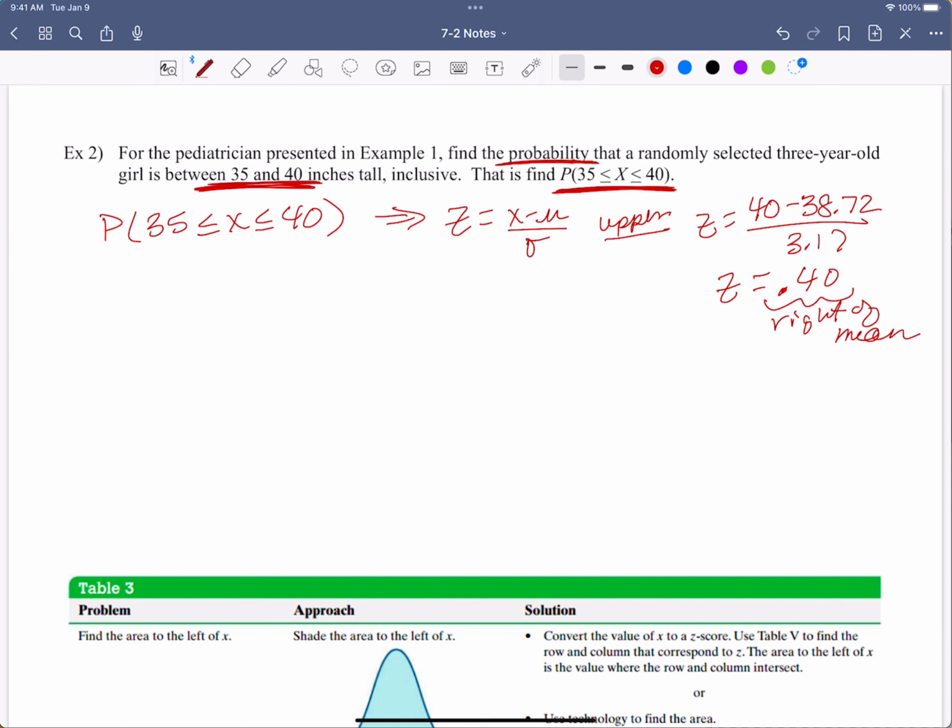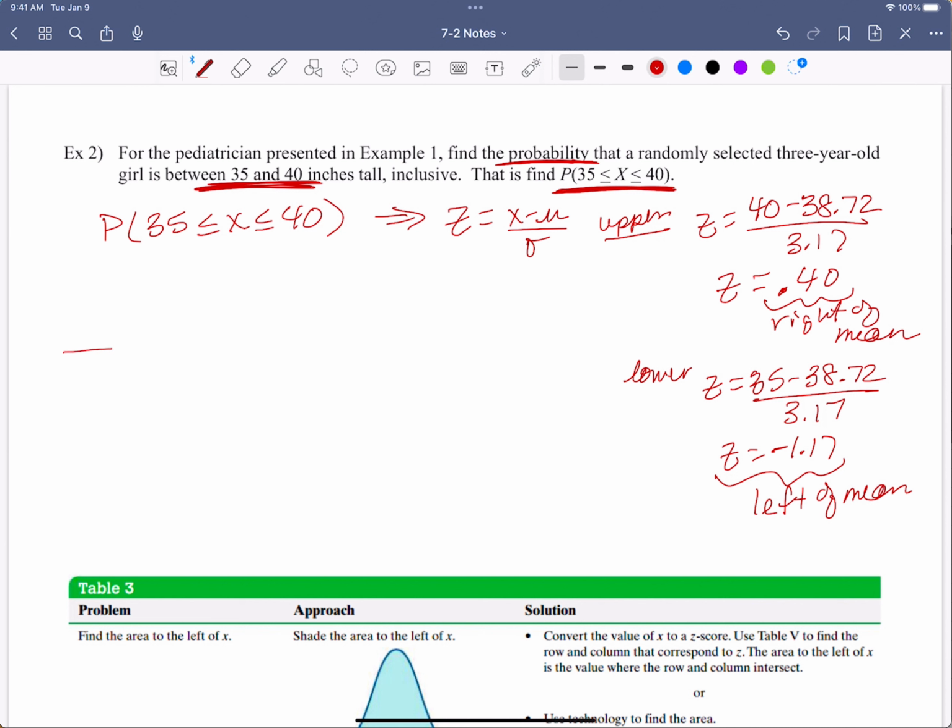Then my lower z is equal to 35 minus 38.72. This is literally what we did on the other, so we don't even have to plug that in. We know this is negative 1.17 because that's just like our last example. And what else do we know? To the left, just a little over one standard deviation, left of the mean.